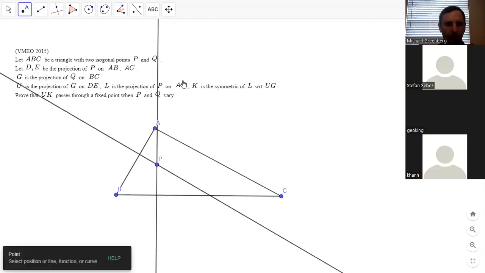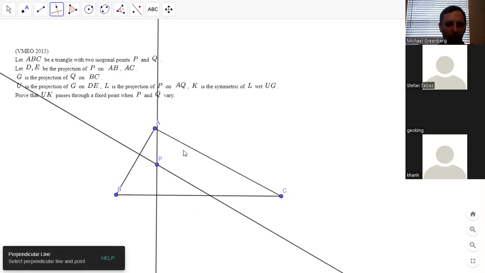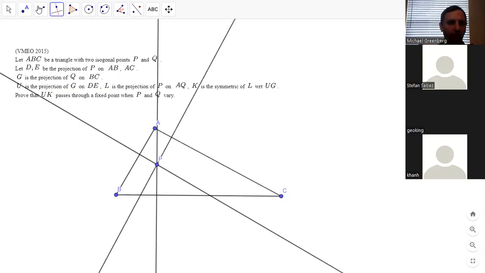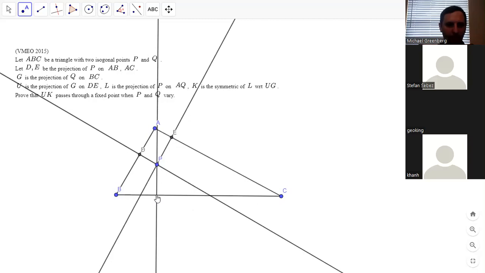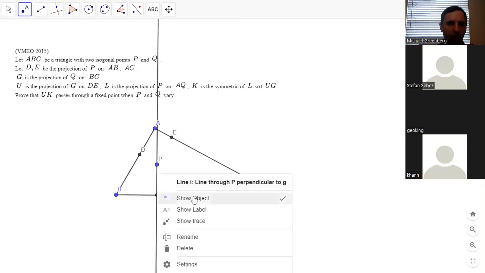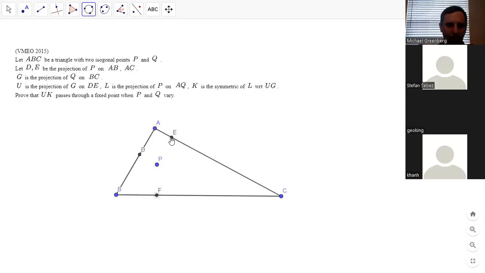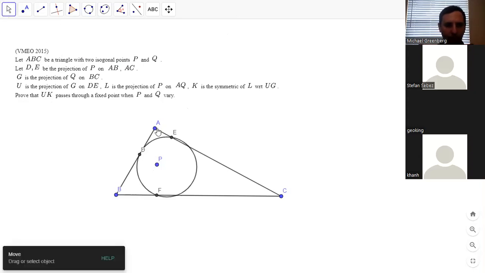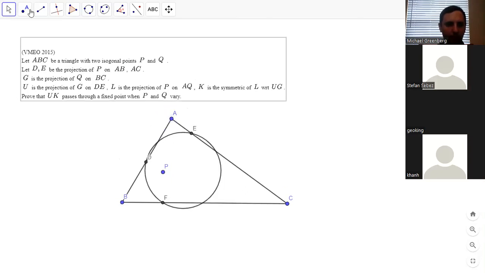So D and E are the projections onto AB and AC. So I'll just call F the other projection. So this is D, E, and F. Let me hide those. And I'm going to draw that circle. And then Q, I'll just draw the other points of intersection and take the perpendiculars.